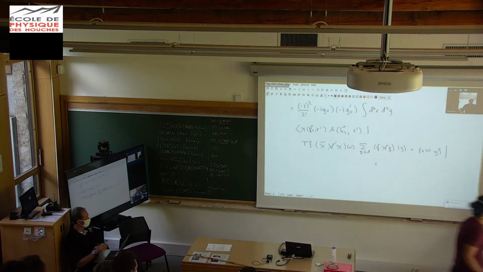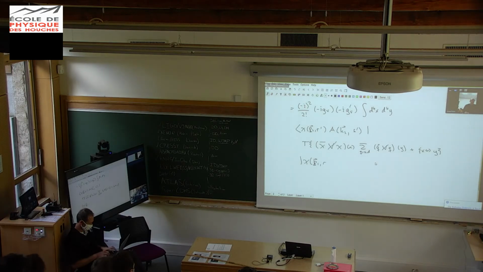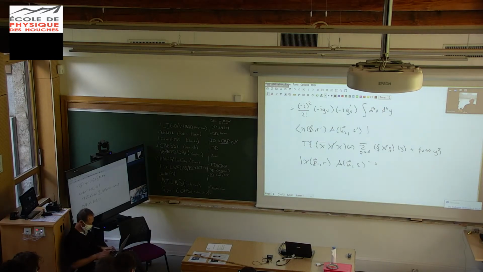And then we have the initial state, which is the chi with an initial momentum p1 and spin component r, and the nucleus with initial momentum k1 and spin component s. Okay, very good. So that's the standard procedure for writing down this matrix element, and now we need to calculate it.